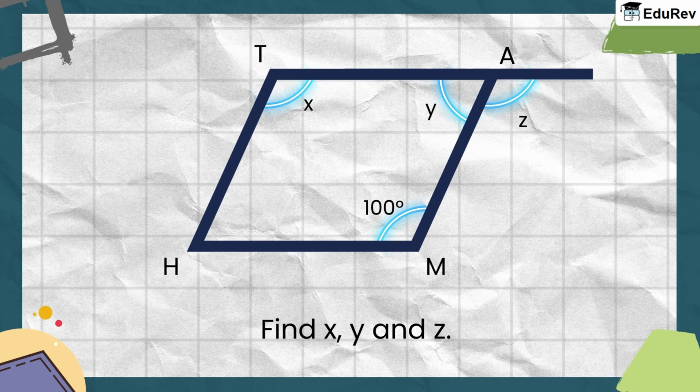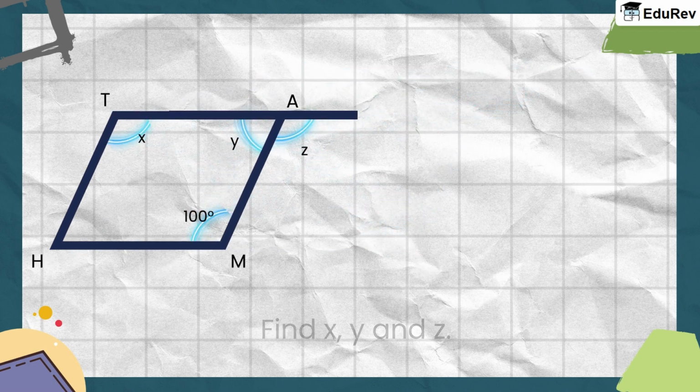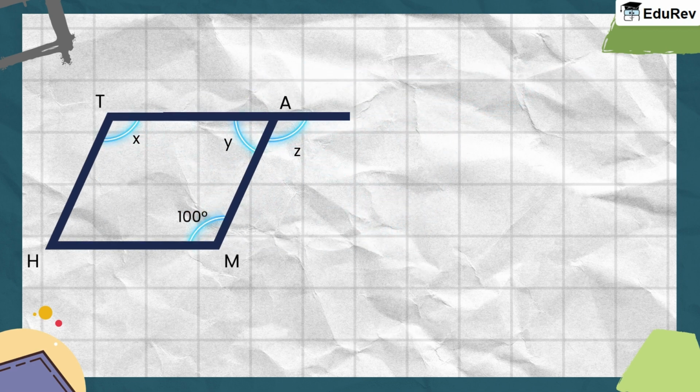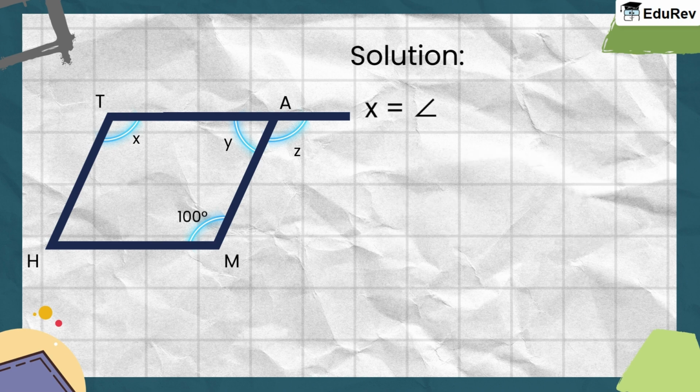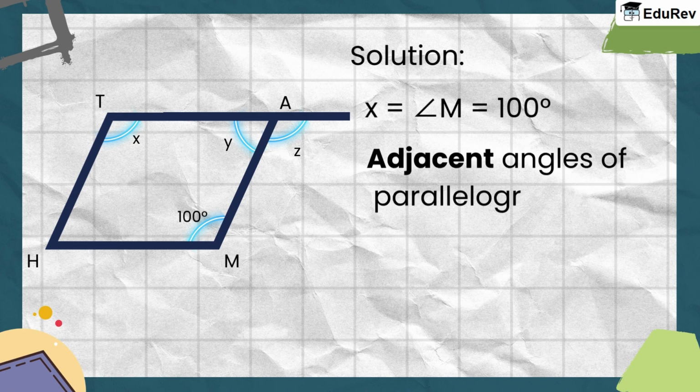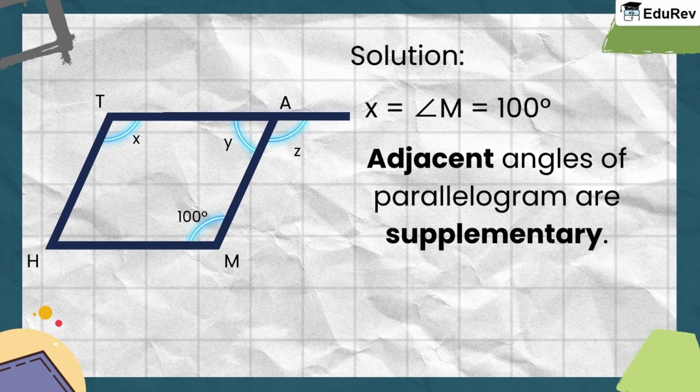Given that MATH is a parallelogram, angle M is equal to 100 degrees. Find x, y and z. Try it on your own. Let me give you a hint. This question uses two properties related to angles. So, to find x, we use the property that says opposite angles of parallelogram are always equal. Hence x is equal to angle M is equal to 100 degrees. Now, to find y and z, we will use the second property of angles that says adjacent angles of parallelogram are supplementary.